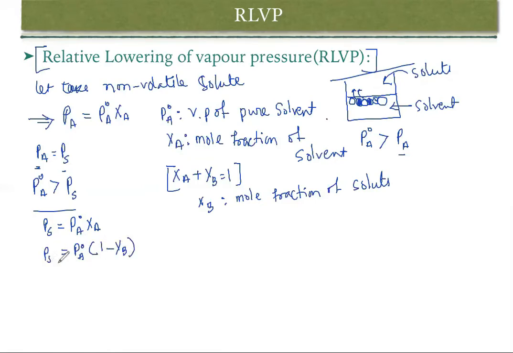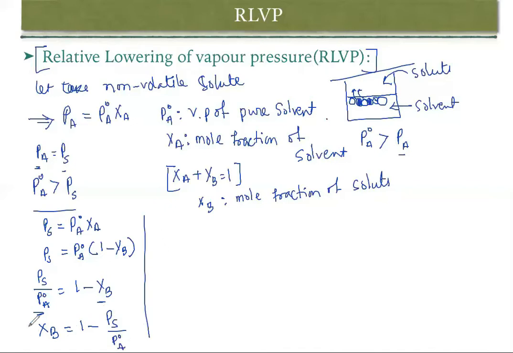So PS divided by PA naught is equal to 1 minus XB. Now take XB to the left-hand side and the other term to the right-hand side. We get XB is equal to 1 minus PS divided by PA naught.